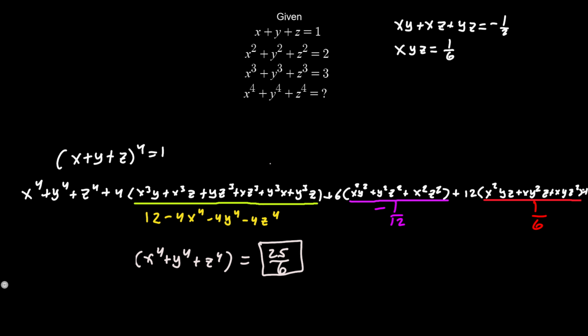So pretty much we found out that this right here is simply equal to 25 over 6. And we just erase this. 25 over 6.